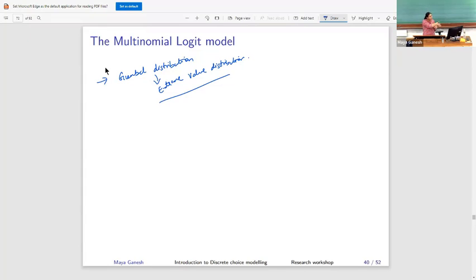When I wrote the v_in, I could also define them as differences, which is why I defined them as logistic distribution. In the multinomial case, I have to define a joint distribution of all the epsilon_in, epsilon_jn, all of them. And this Gumbel distribution is a joint distribution of all the epsilons.